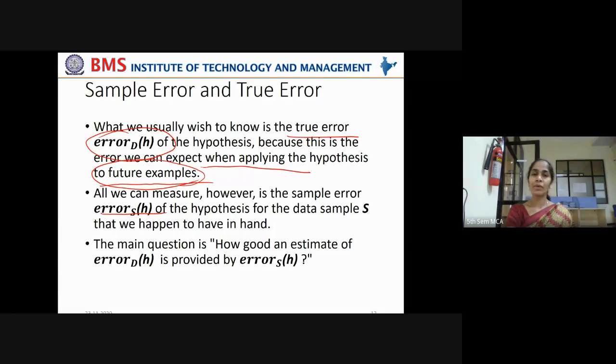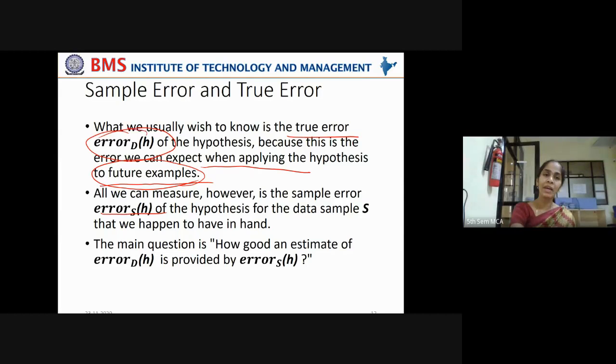That is why we are actually interested in true error, but what is under our control is only the sample error. We can measure only the sample error. We can't always measure the true error, because the model may be working very well with the samples at hand, but when an entirely new sample comes, though it is from the same distribution, it may not be predicting with that accuracy.